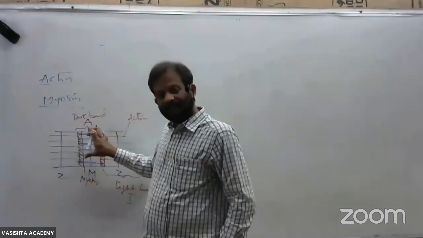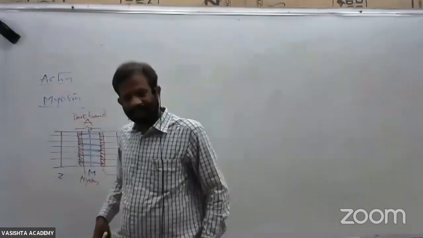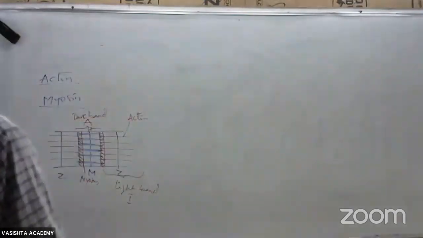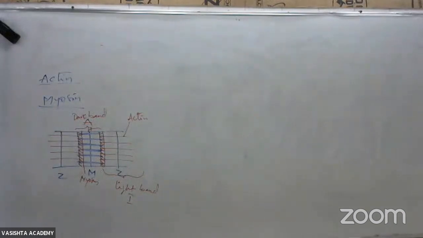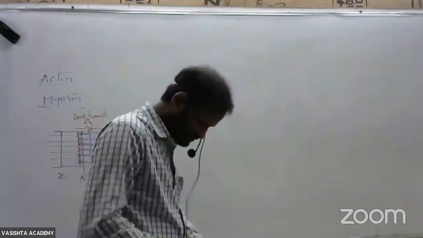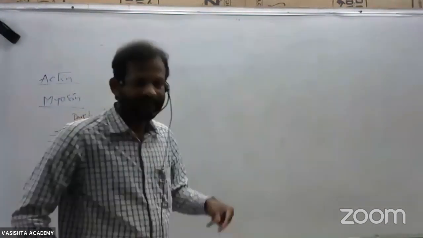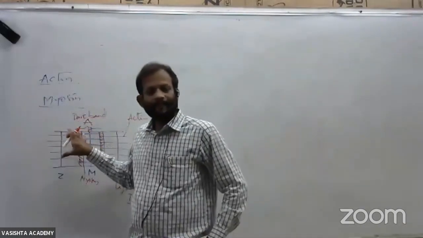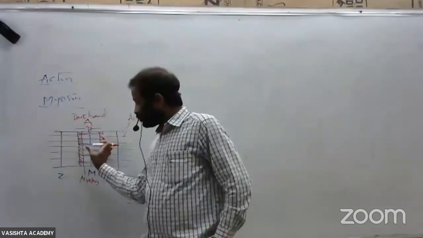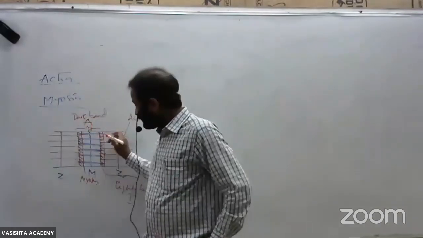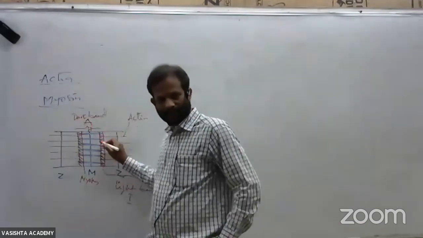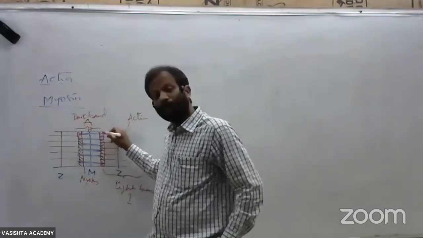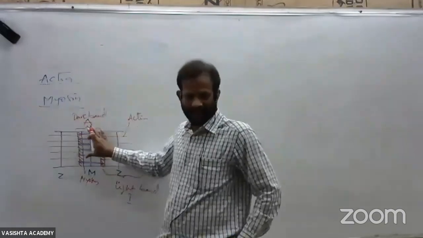So here, if you understand this, in this dark band, two areas, if actin and myosin filaments are present, both, that will be darker than the central area.